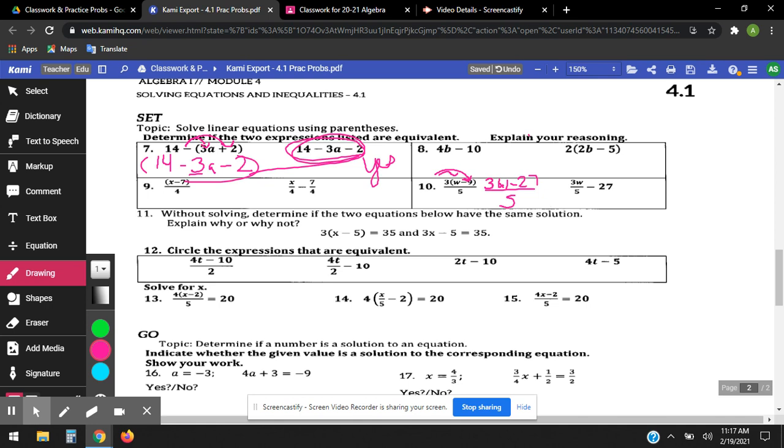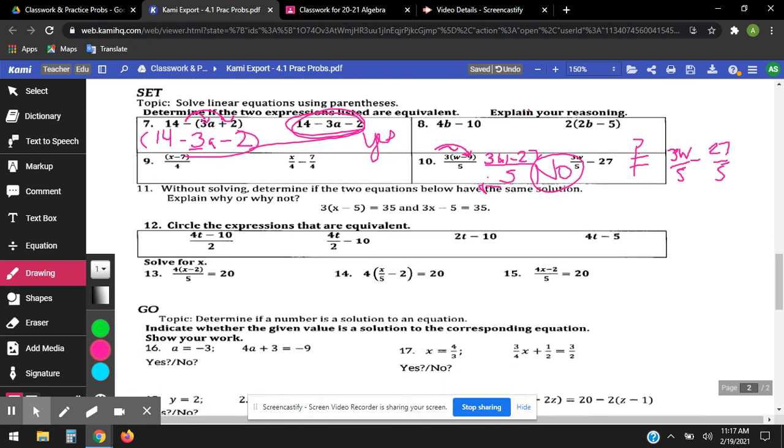Can I just scoot the 5 over and put it under the 3? No. The proper way of writing this, if you're going to distribute the 5, is 3w over 5 minus 27 over 5. So are these equal? No. So this would be a no. Then I'll leave you to try the other two on here.